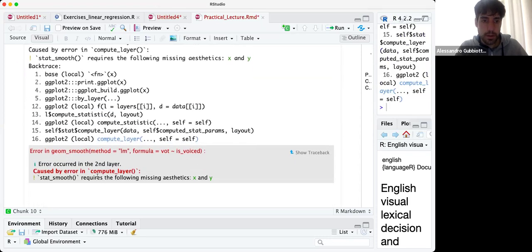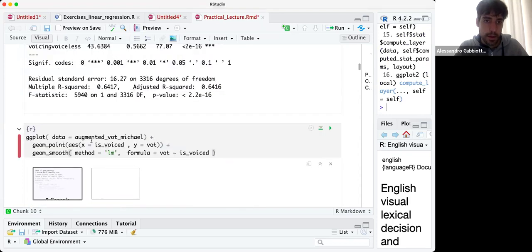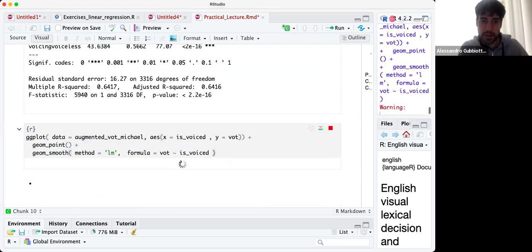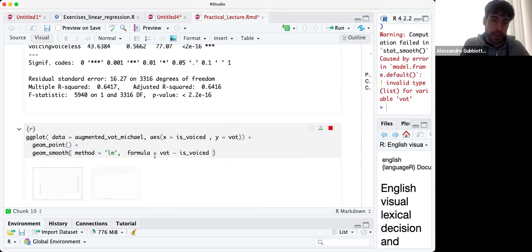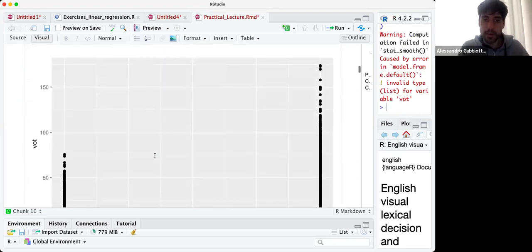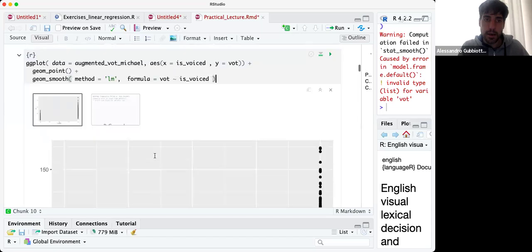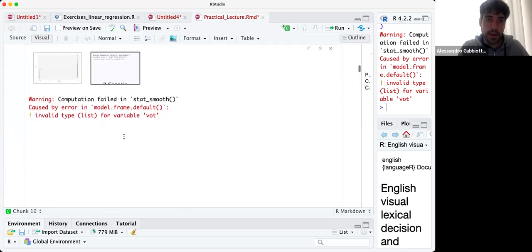It doesn't inherit the aesthetics from geom point, so I should put the aesthetics on the first line. Sorry, this is really not interesting stuff. And it didn't plot the line.